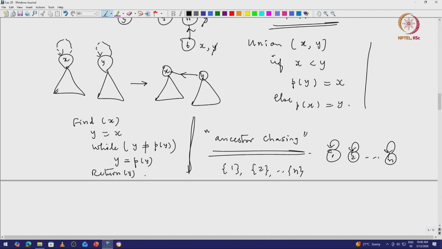Each is a set by itself, so P of 1 equals 1, P of 2 equals 2 and so on, and in general P of i equals i is the way to initialize this partition.